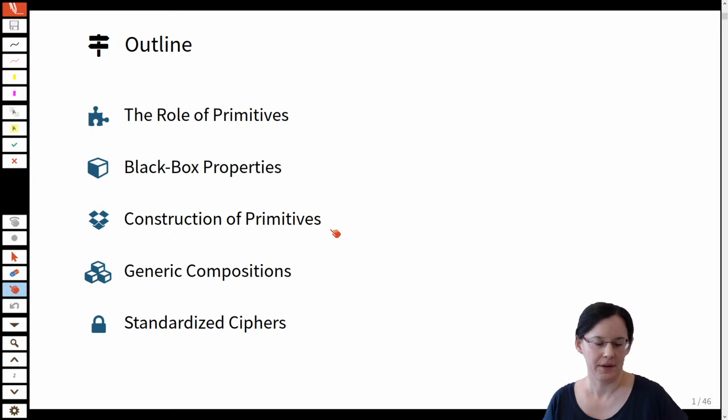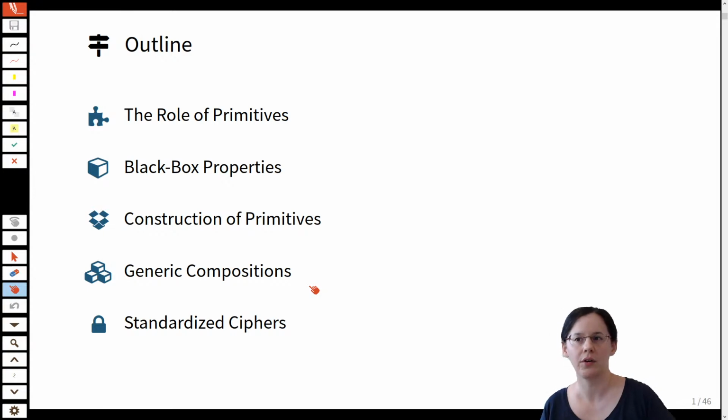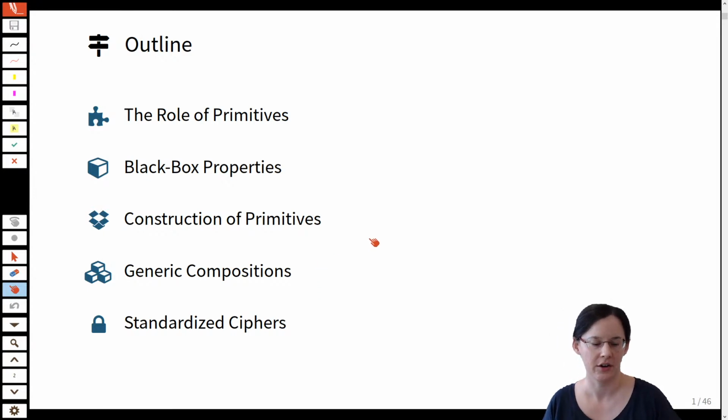And there is also one important topic that you probably haven't heard much about yet, but that's very relevant when building other primitives that are not block ciphers, namely so-called generic compositions, which means you take a primitive and then you make a transformation to get a different type of primitive. And finally, at the end, we will have a look over some of the standardized ciphers that are currently in use.